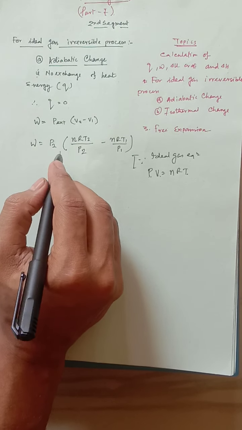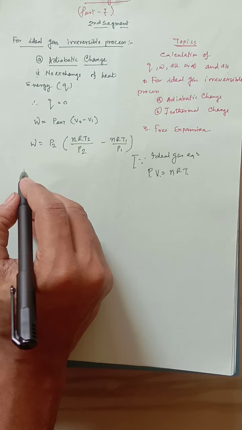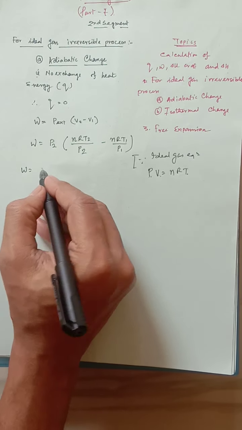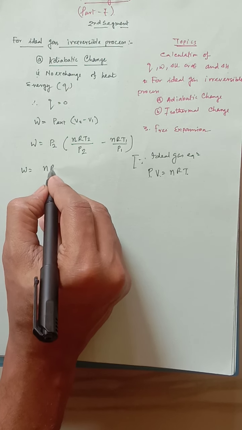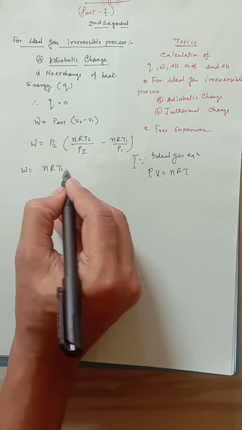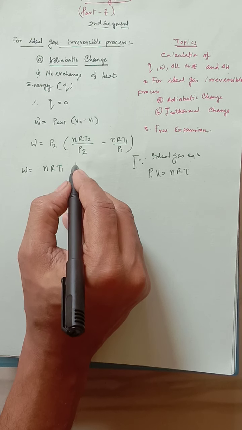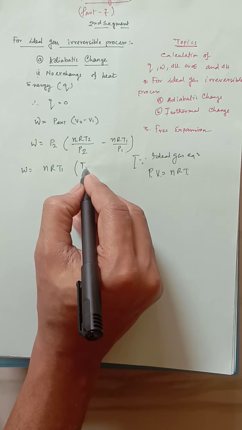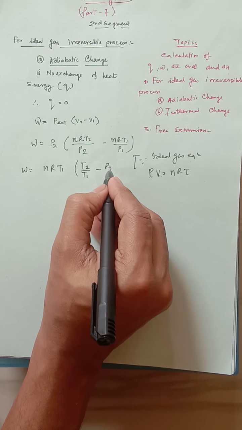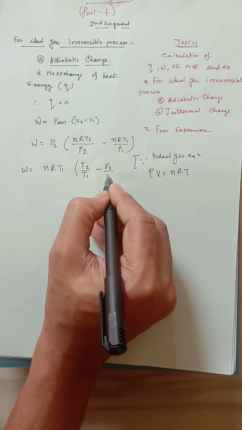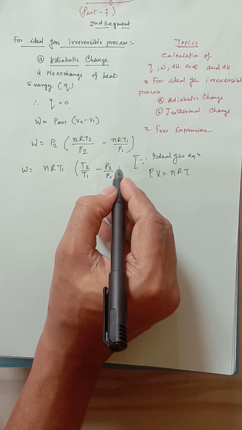So the value of W can be written as nRT1 taken out, times (T2 by T1 minus P2 by P1).